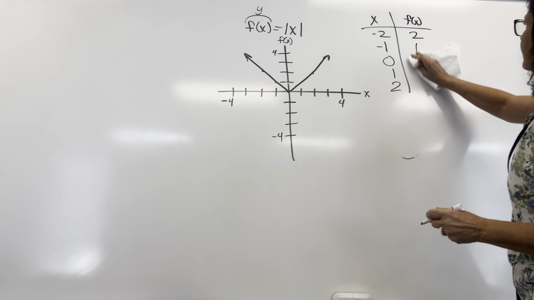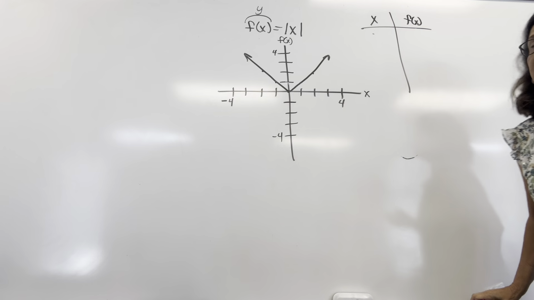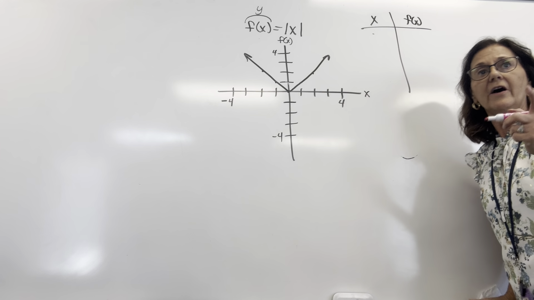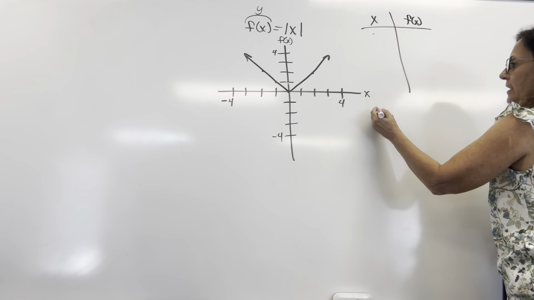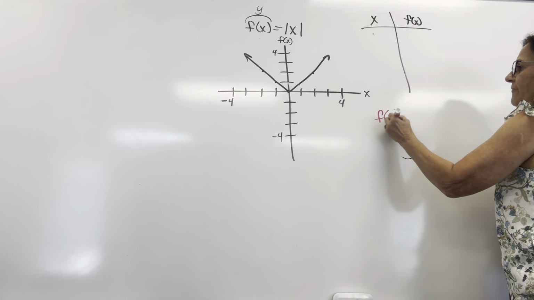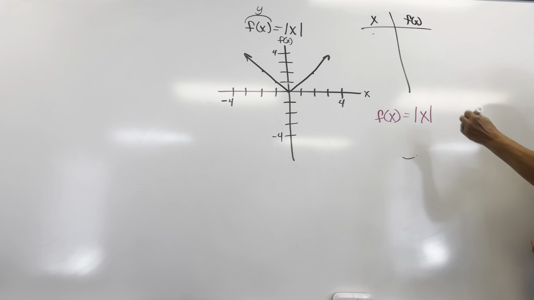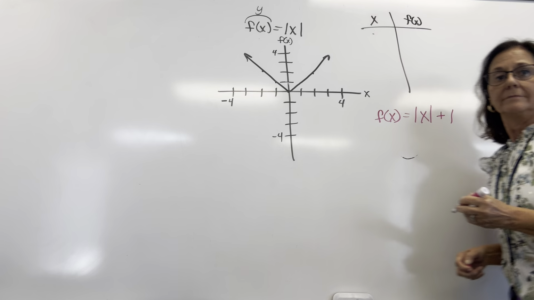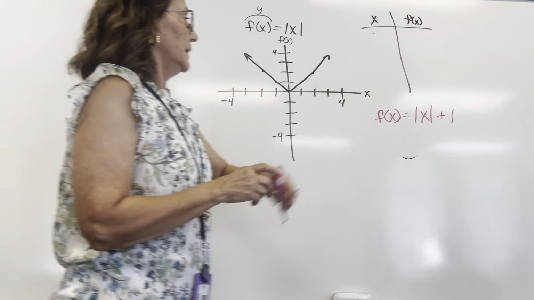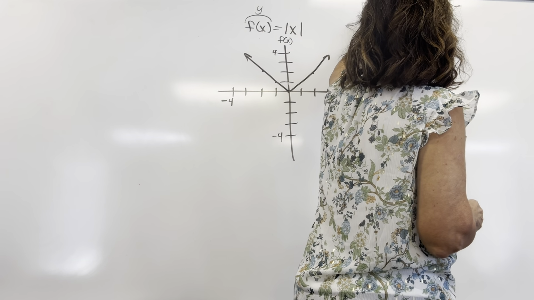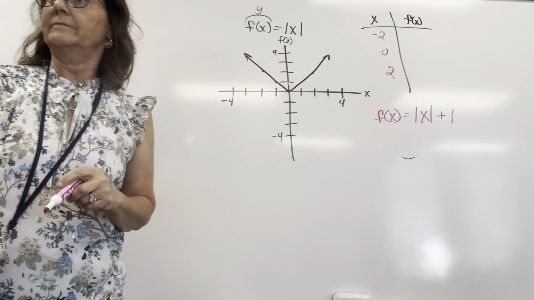All right, now let's think about what happens if I change the function to f of x equals the absolute value of x plus 1. Let's just substitute in negative 2, 0, and 2 into the function.